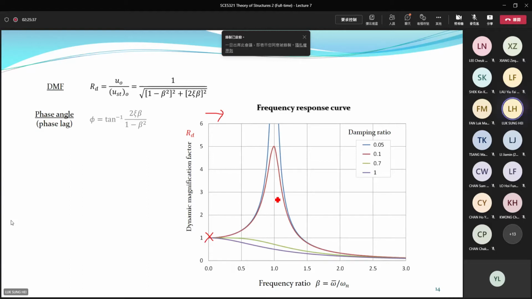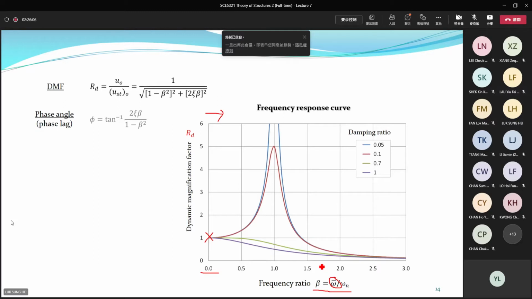When beta equal to 0, what is the meaning of beta equal to 0? Beta means frequency ratio. By definition, it is equal to omega bar over omega n. Beta equal to 0 means the numerator equal to 0.